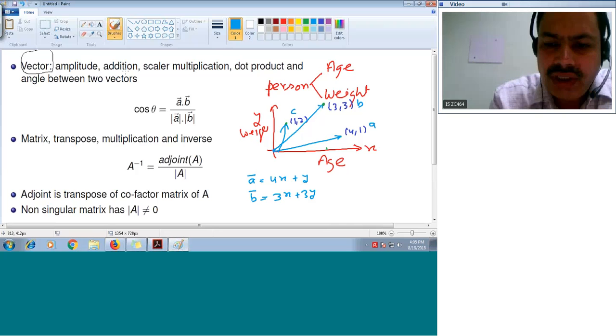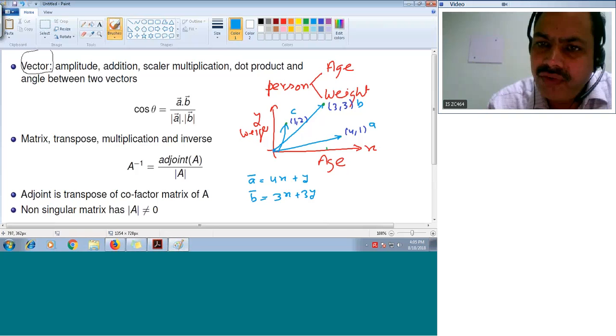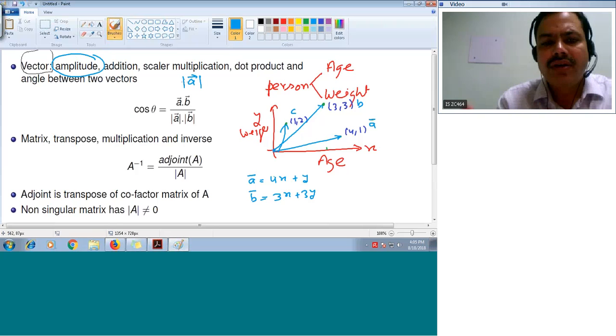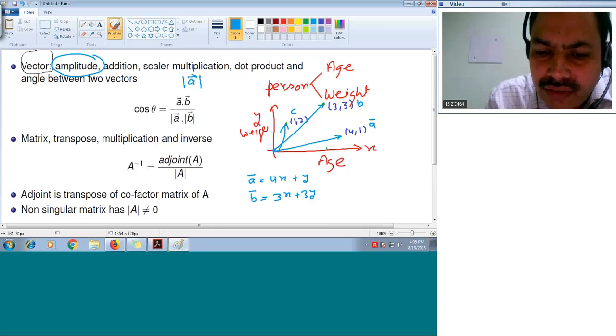So you see that these are the vectors, and if you want to find the amplitude of this vector, what do we mean by the amplitude? For example, if we have a vector A and we want to find the amplitude, the amplitude of vector A is given by this bar. Instead of a bar we can also put an arrow over it; it's equivalent.